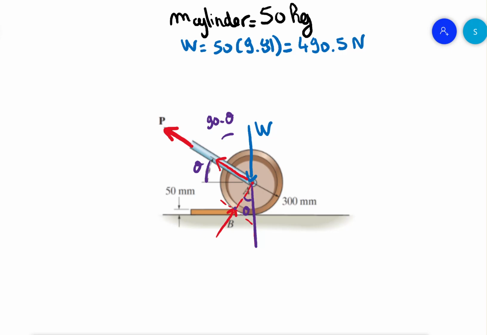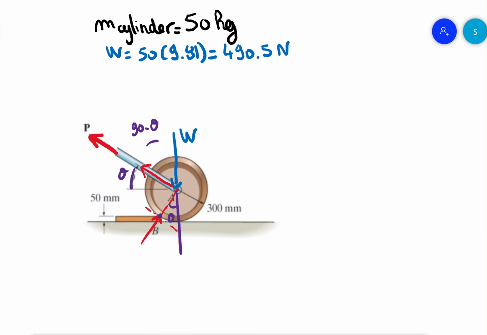So if we do the moment about B, let's try this. The sum of the moment about B equals 0. We have the force P that tends to rotate in the positive direction. So we have P times the distance, that's the radius, so that's perpendicular, times 0.3 meter, right?